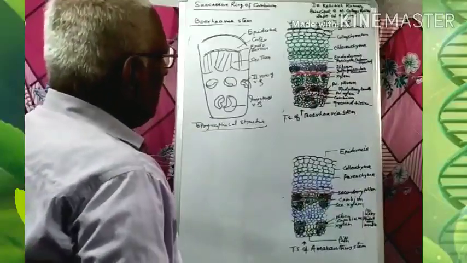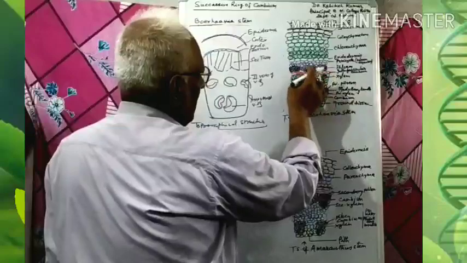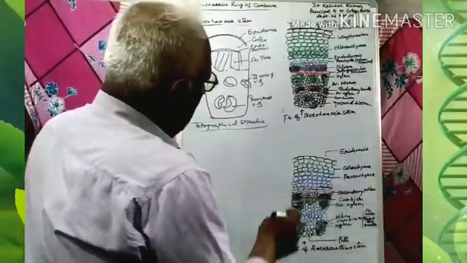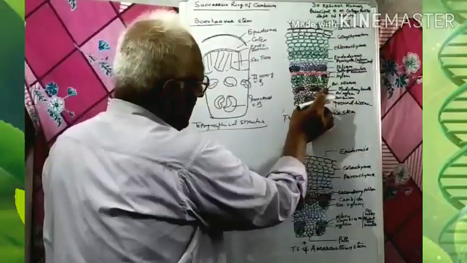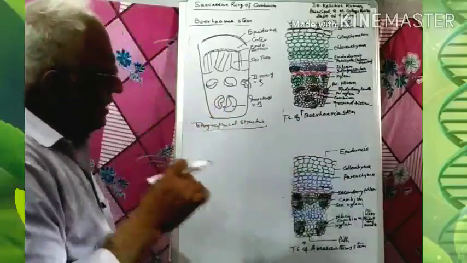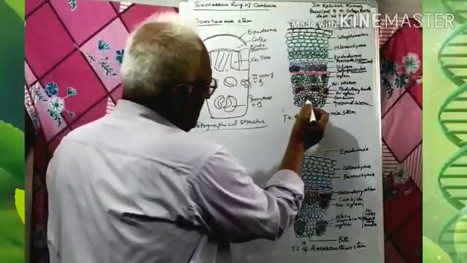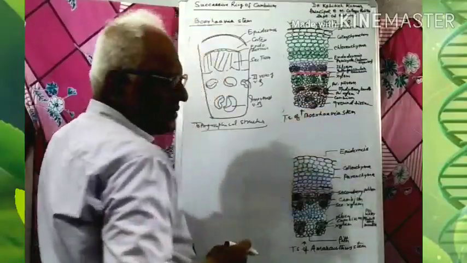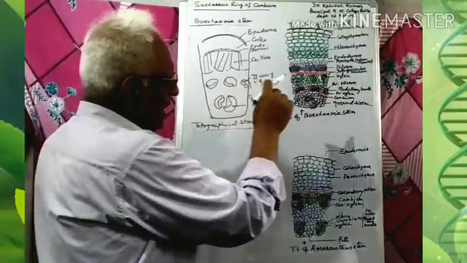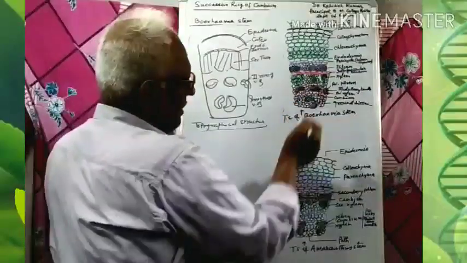So these are the secondary tissues, and in the second ring and the first ring, the secondary growth occurs, but it is only restricted within the vascular bundles. It does not form interfascicular cambium. So here the rings are not formed.